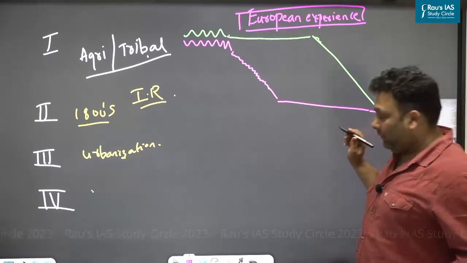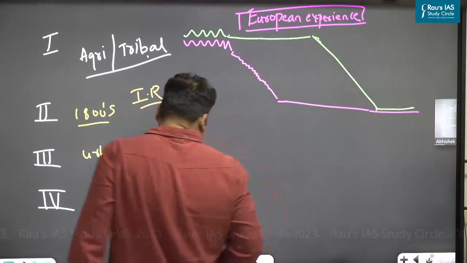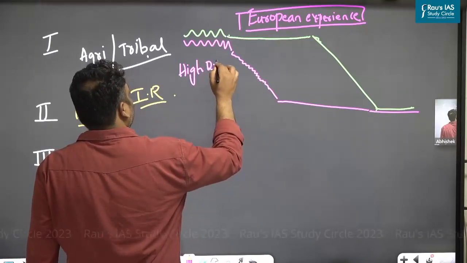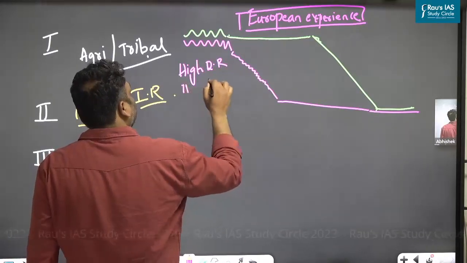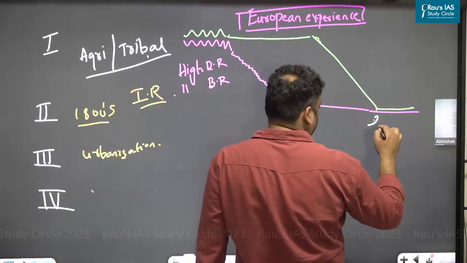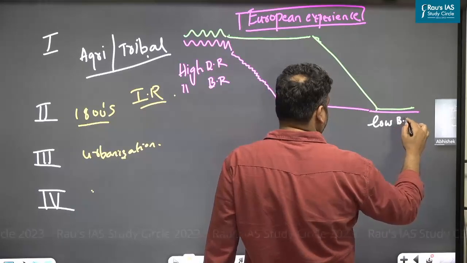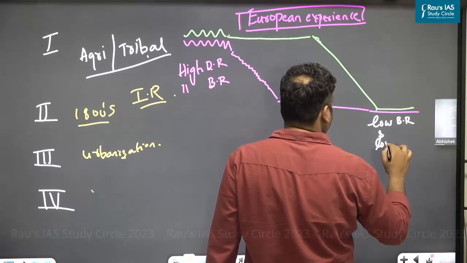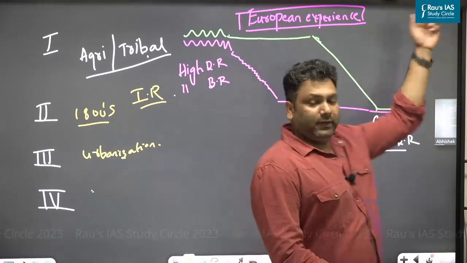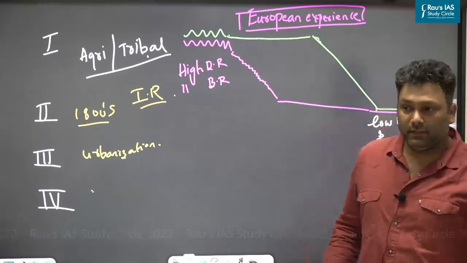So this is how this society is transitioning from high death rate, high birth rate to low birth rate and low death rate. So this is the demographic transition theory in short.